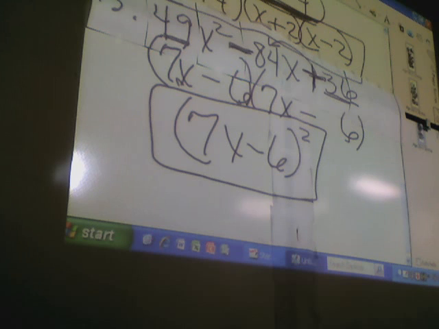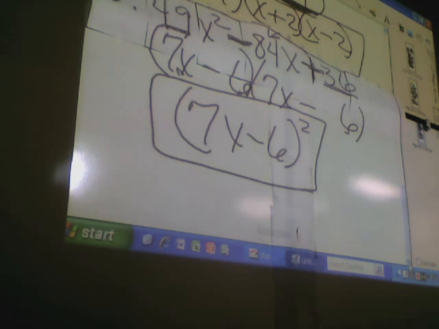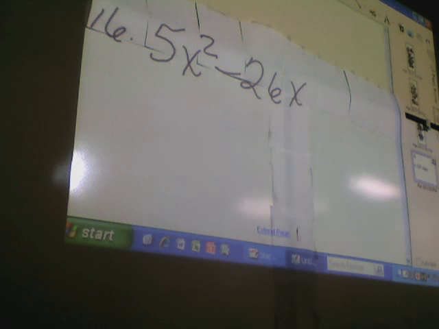Okay, number 16. I'm going to have to go to a new page. Number 16. 5x squared minus 26x plus 5.